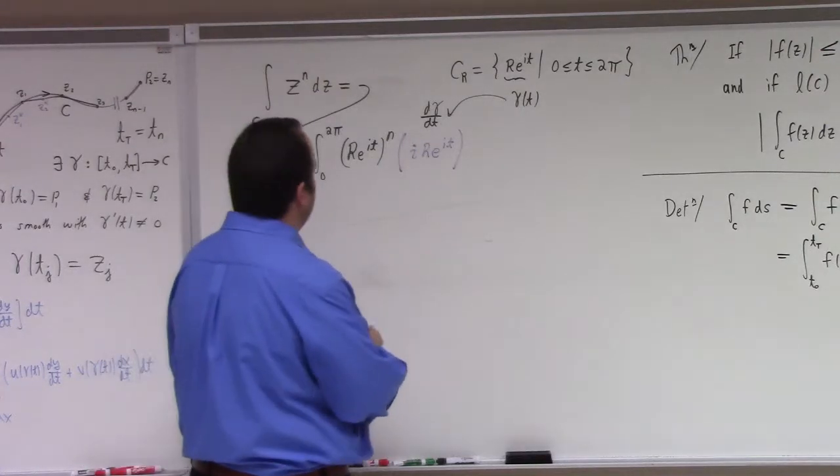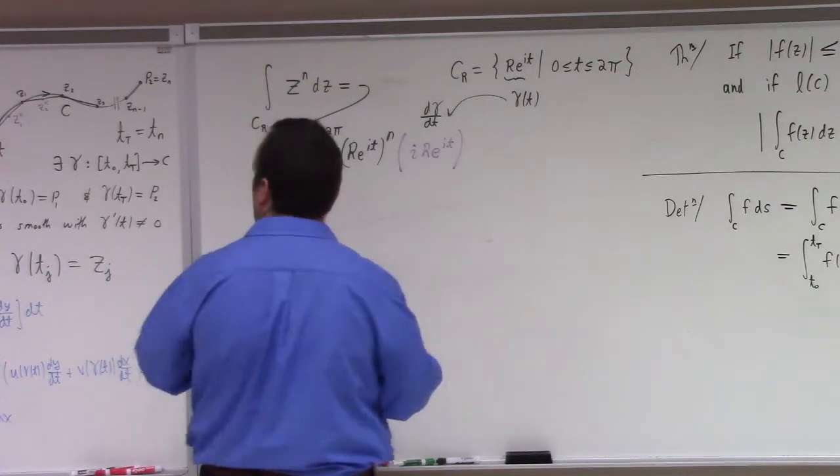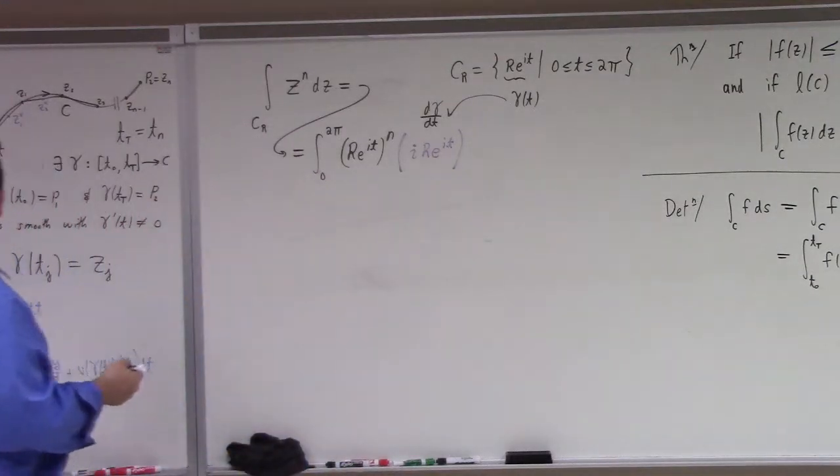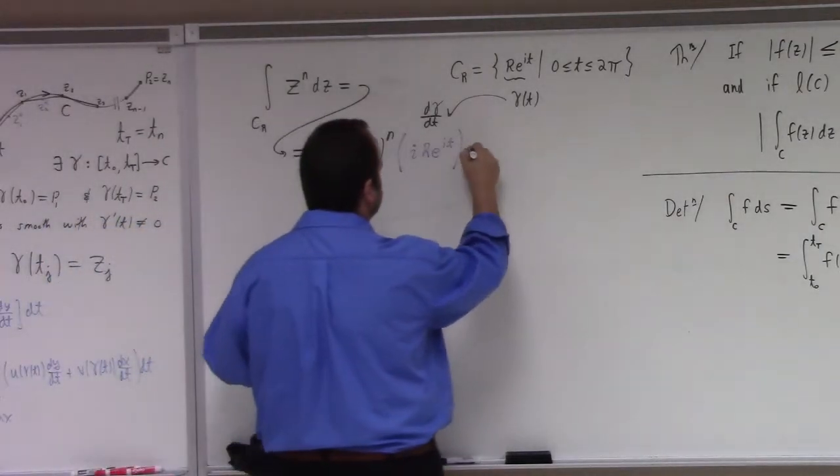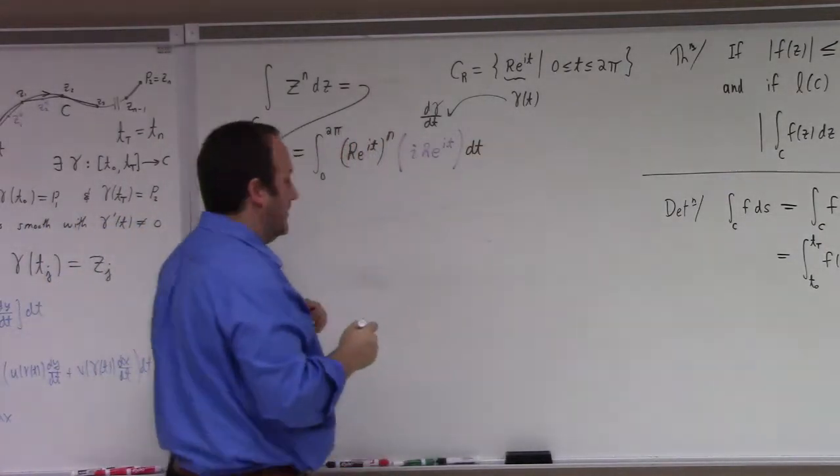All right, and then, oh yeah, we spent a lot of time working this out. So f of gamma of t, right? Which is the raising it to the n power, then the gamma dt, which is i r e to the it dt. All right, so what's that?